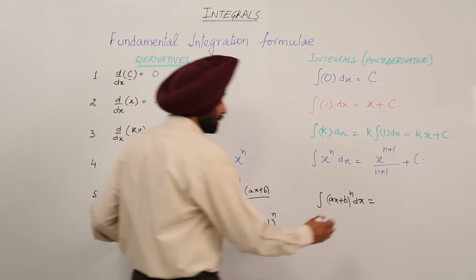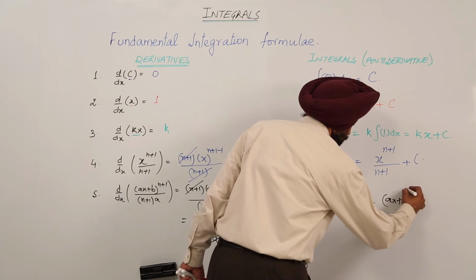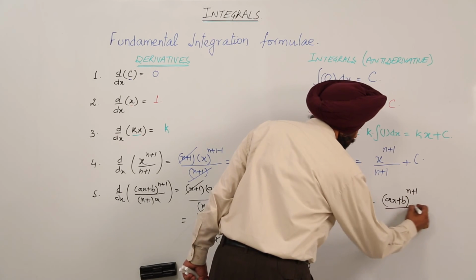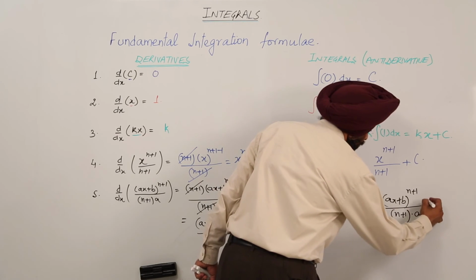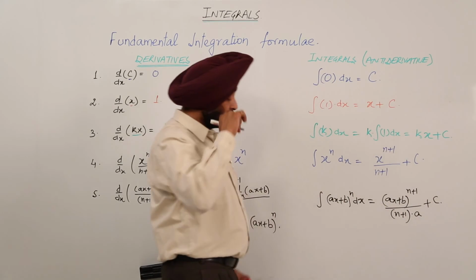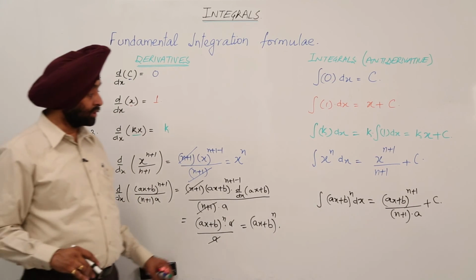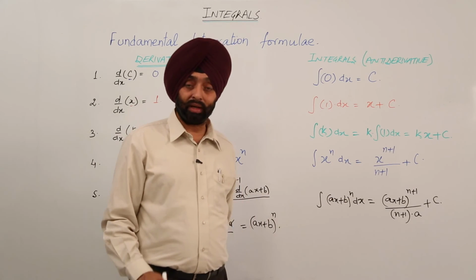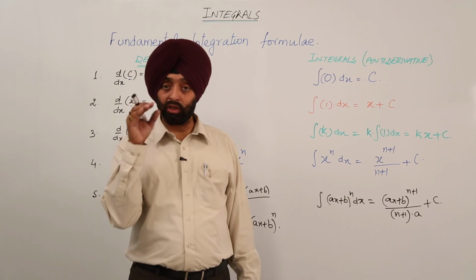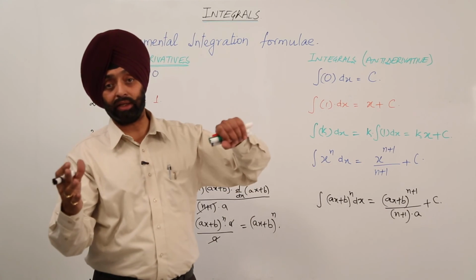So the integration is ax plus b raised to power n plus 1 upon n plus 1 with a, plus c. In the second sense, for this last one, we can think of it this way: in differentiation the power is reduced by 1, here the power is increased by 1, just going anti-type.